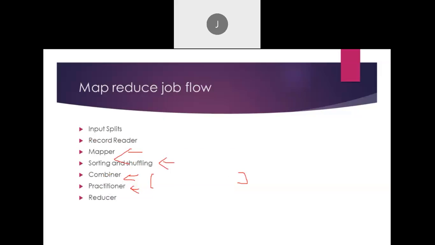It is also possible that in some MapReduce jobs you don't need a reducer phase at all. What does it mean? The reducer does an aggregation, or you can think of it as a group by of the data. Say, for example, the mapper itself gives an output where all the words occurred only once, not twice.